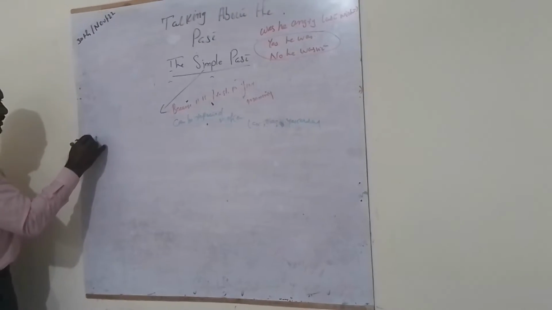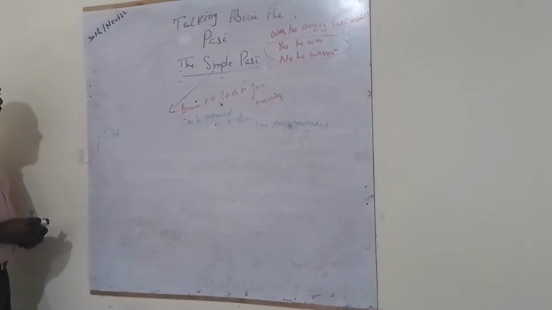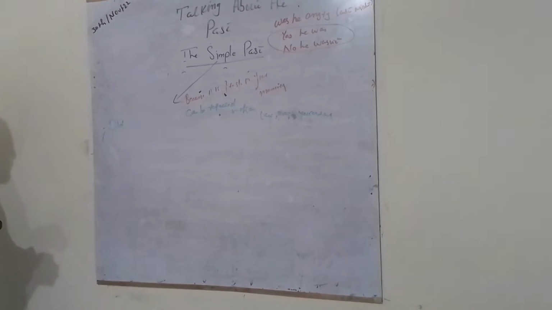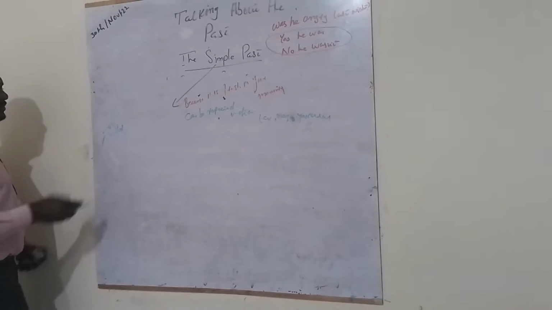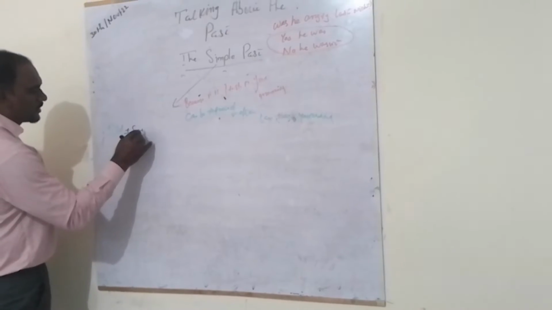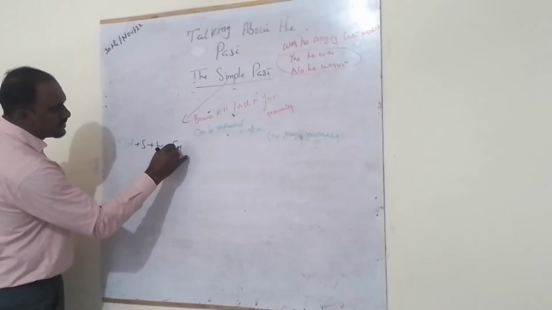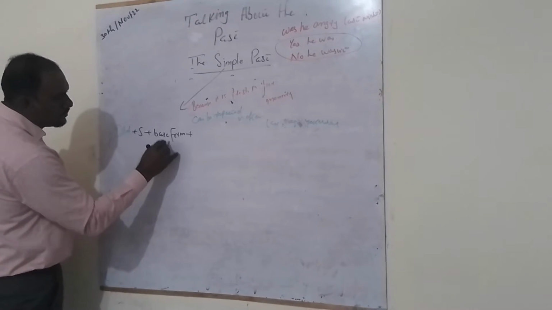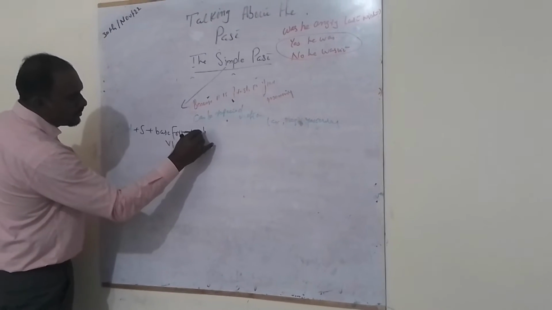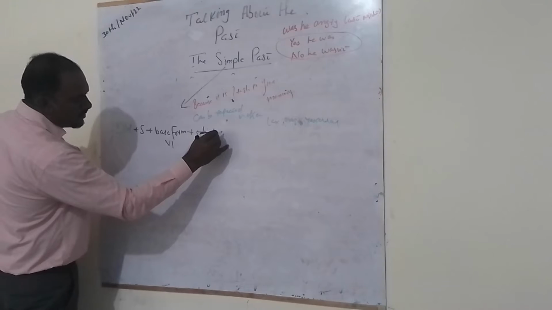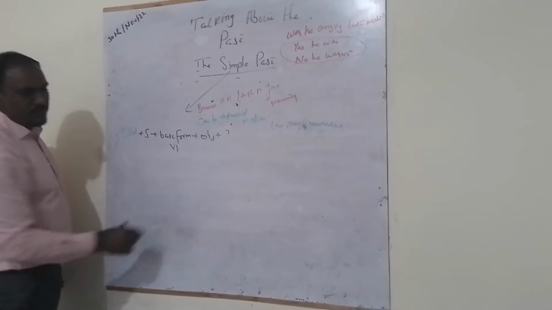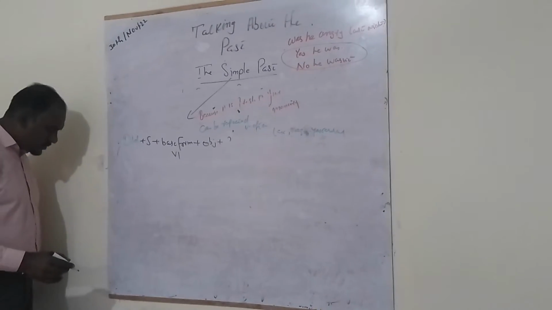For making questions in the simple past, you use did plus subject plus base form of verb, which is V1, plus object.